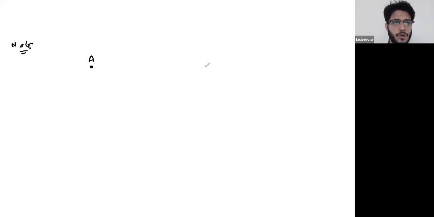Say you have two persons, A and B. They start simultaneously from their home and they meet somewhere in between. May not be at the midpoint, they meet somewhere at, this is the meeting point.